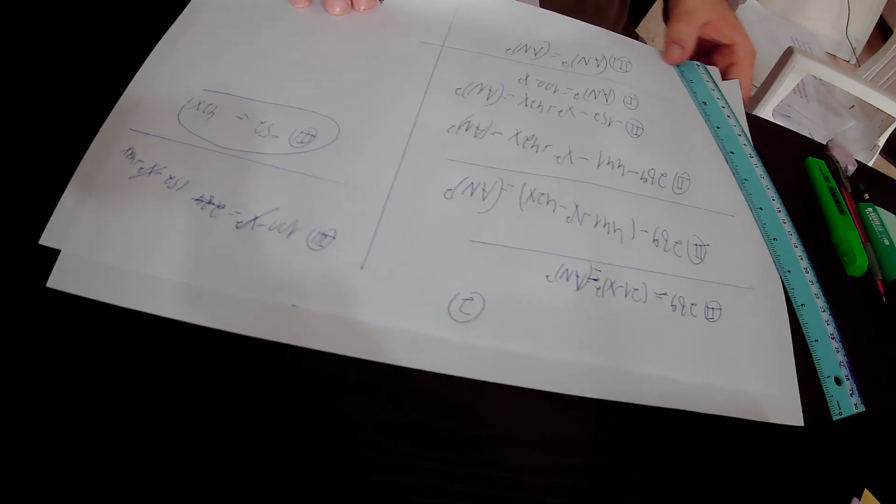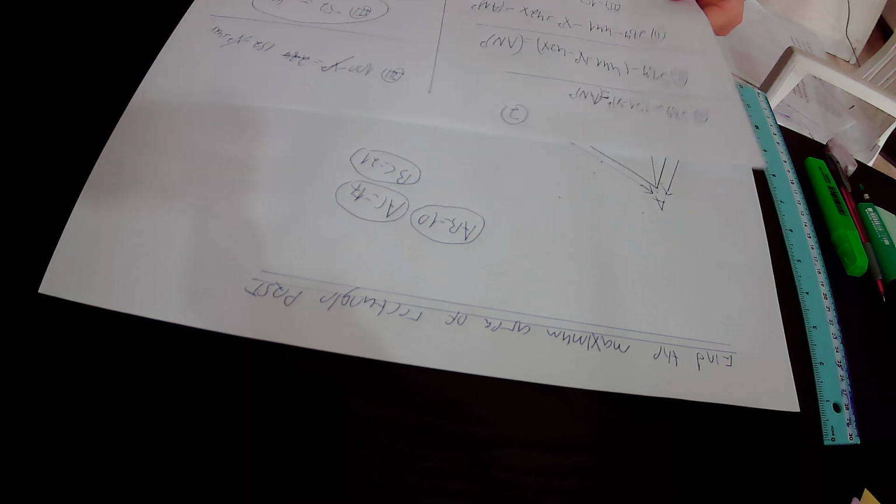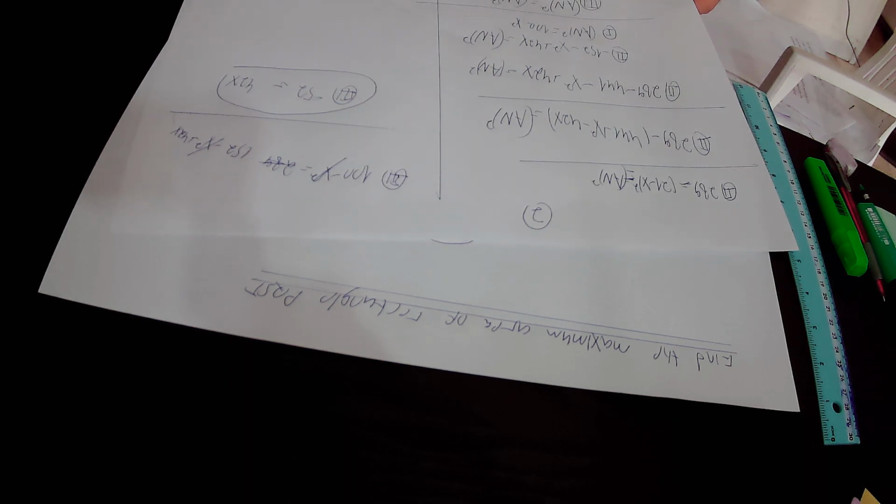I repeat again. According to equation 1, we have AN squared equals 100 minus x squared.